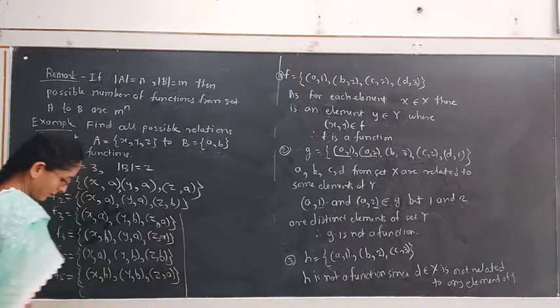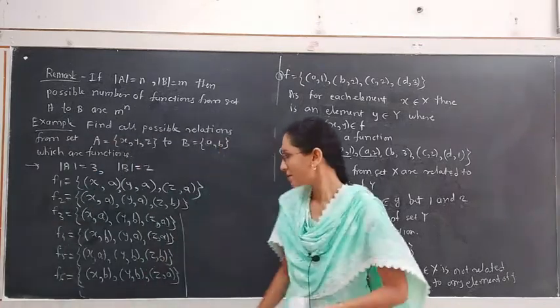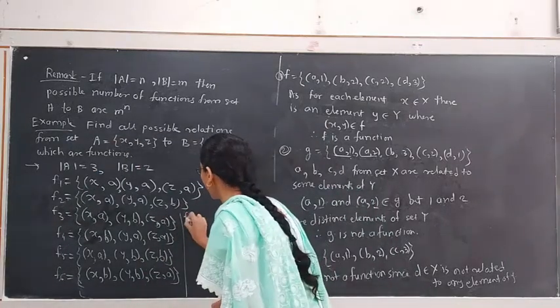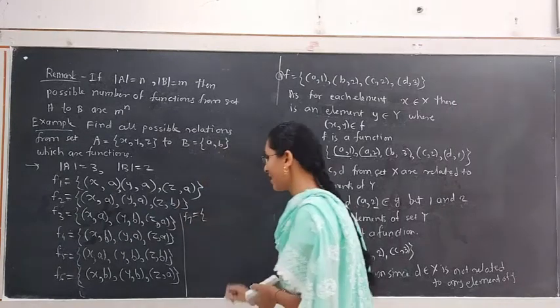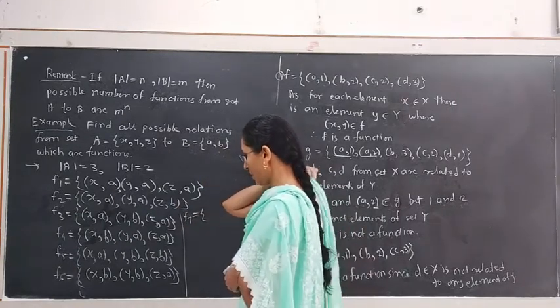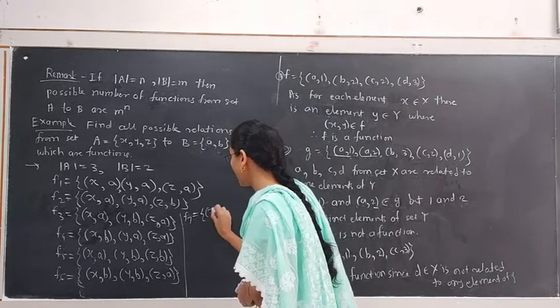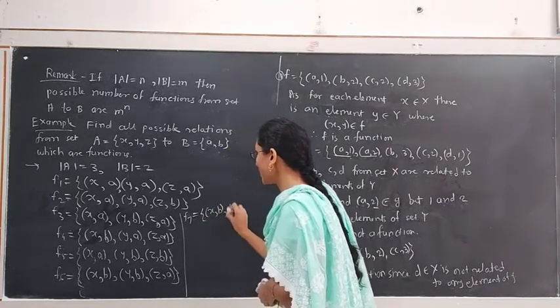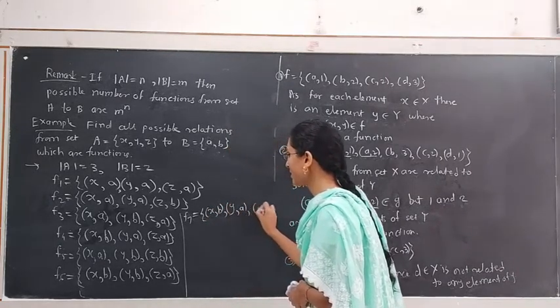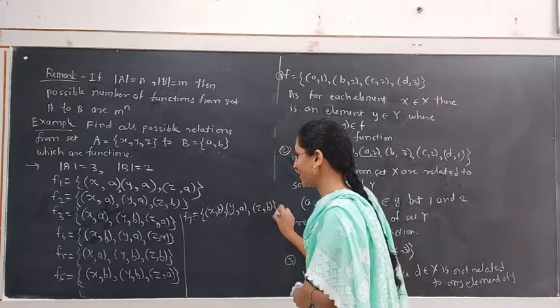Then f7 is the seventh function, defined by x related to b, y related to a, and z related to b.